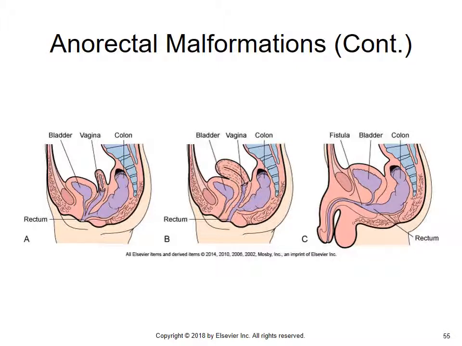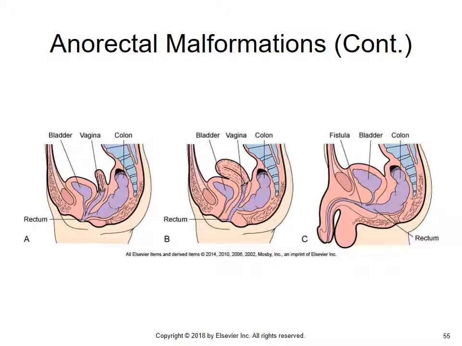Here are a few examples of those. So in the first one with the female, the bladder, vagina, and colon are all coming out to the same hole.